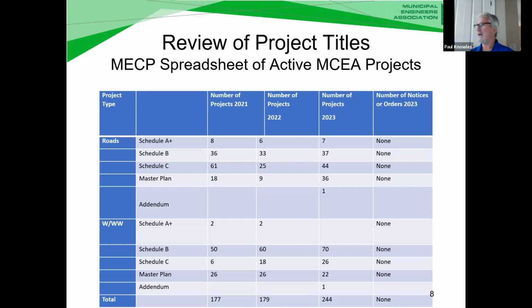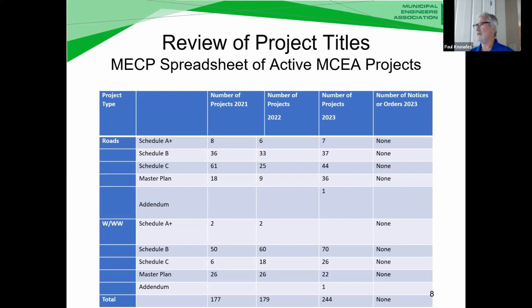So you can see here in the last few years, there's been 170, 180, 244. That's the number of active Class EA projects there are. And you can see how many are the Schedule A plus, B, and C, and master plans.